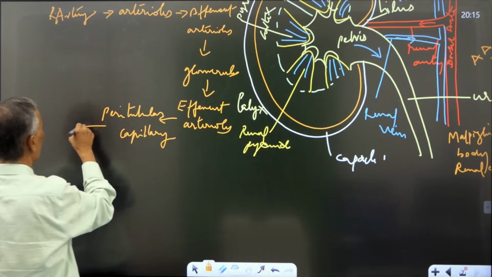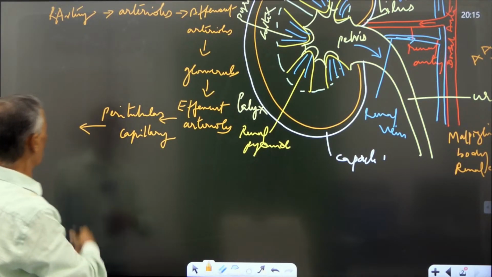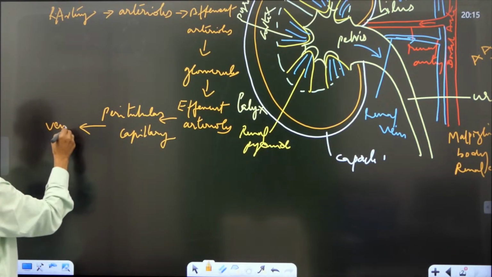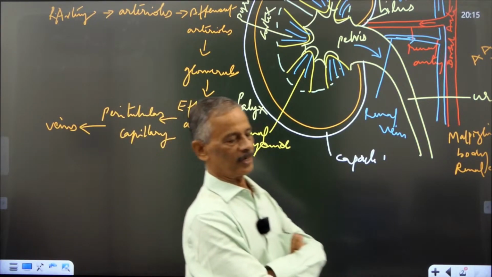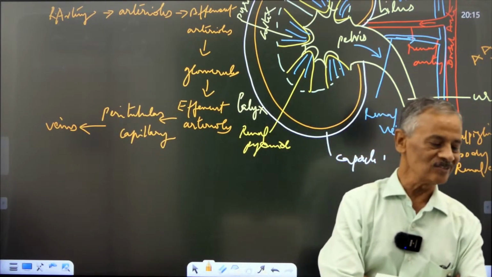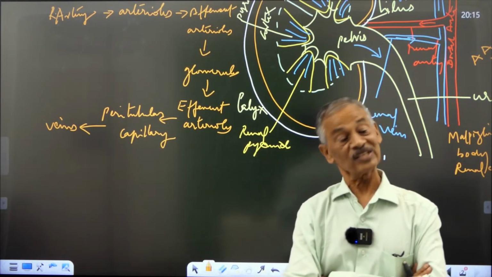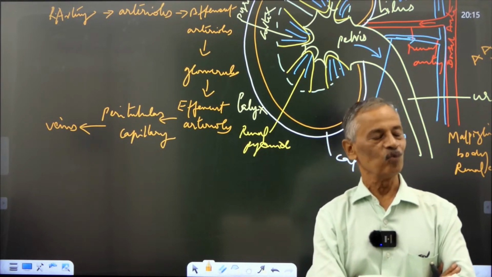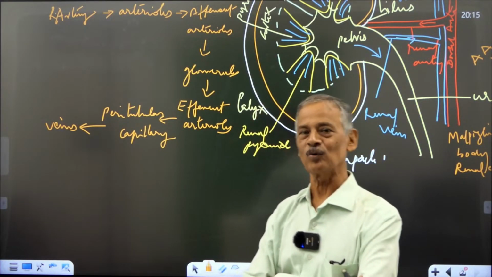These peritubular capillaries again join to form veins. Capillaries join to form veins. Veins arise from capillaries. Arteries end up in capillaries. Veins begin in capillaries. In the last chapter, we have discussed it.